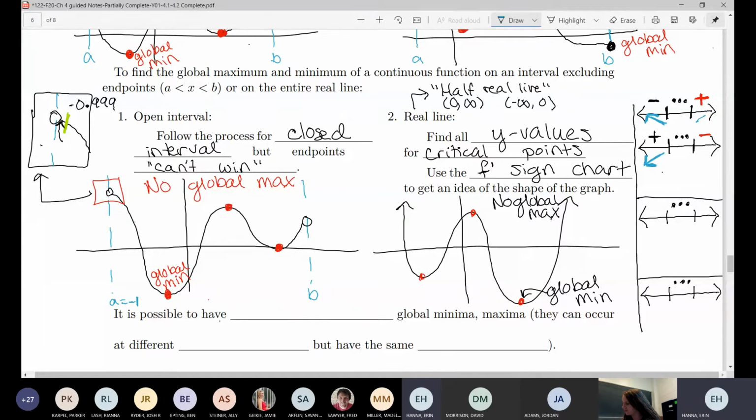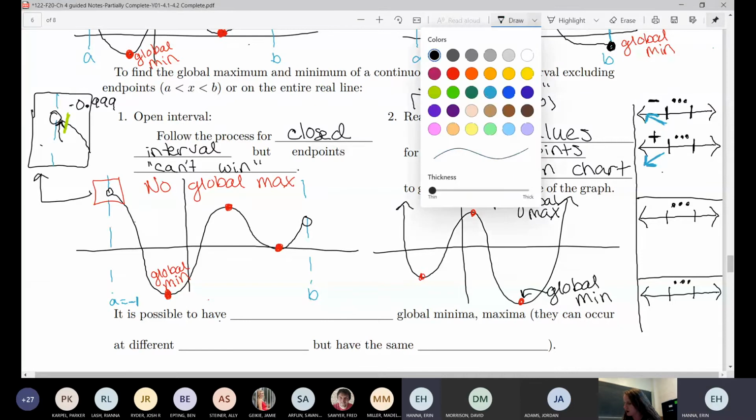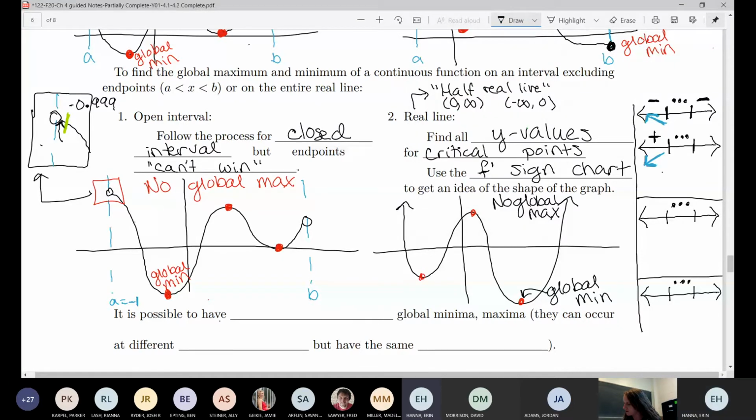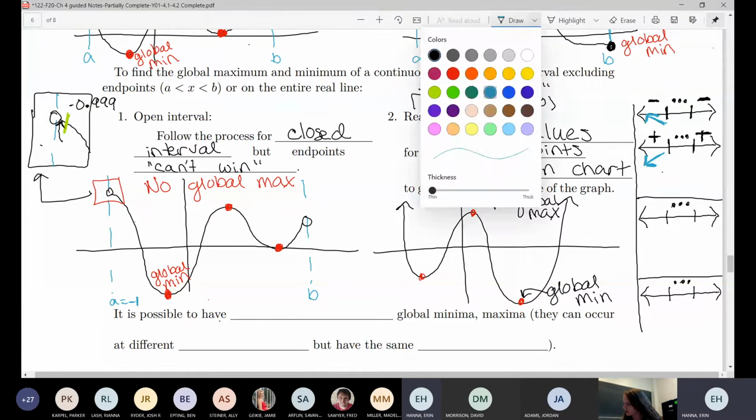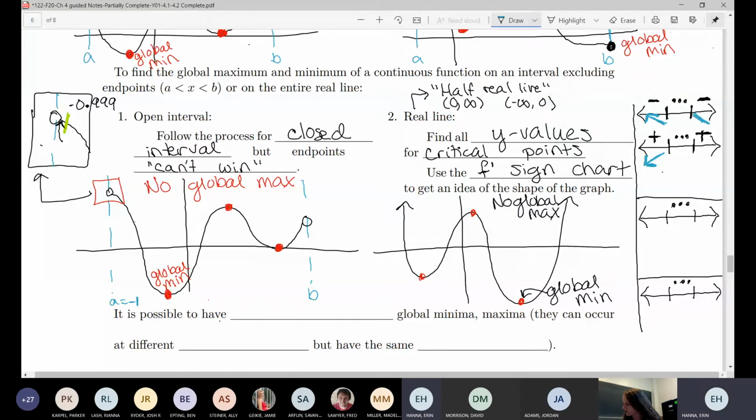Wait a minute. No, I was right. I drew my little line segments wrong. That's what I did wrong. Decreasing, increasing. Sorry about that.